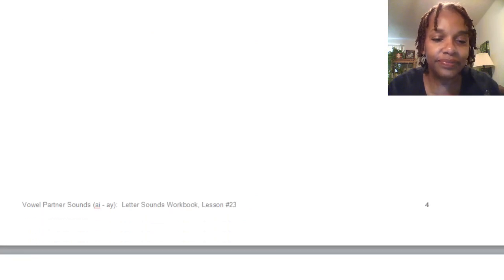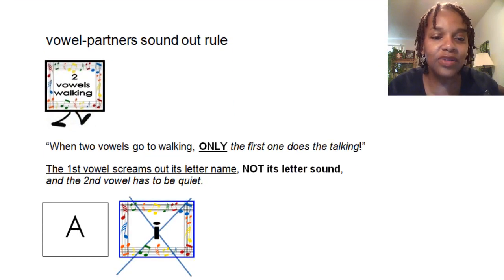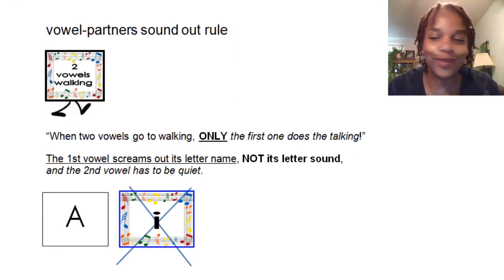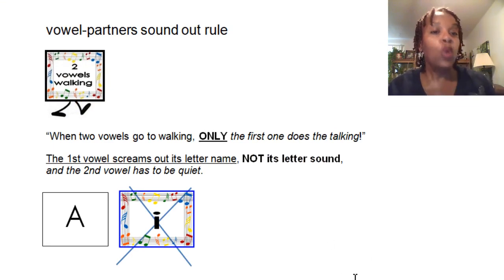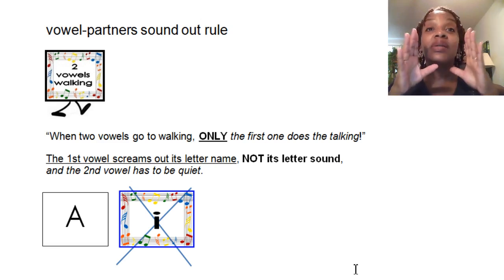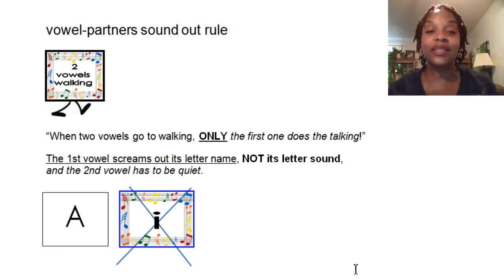So here we go. Here's the new partner sound rule or clue or tip, all right? When two vowels go to walking, the first one does the talking. The first vowel screams out its letter name, not its letter sound. So that means that the second sound has to be quiet.